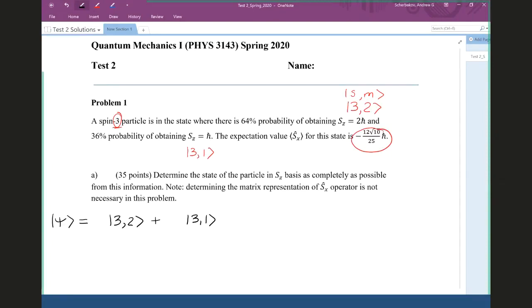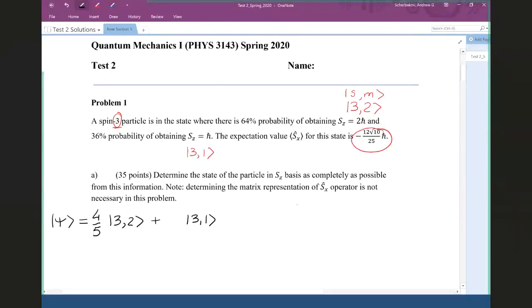So that means the coefficient itself, its absolute value, is the square root of that, which is 8 over 10, or alternatively, it's just 4 over 5. Okay? 4 over 5.